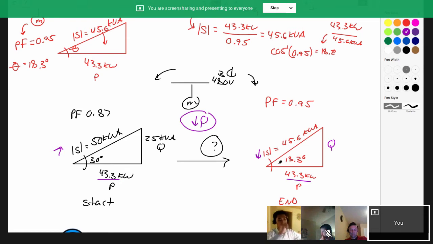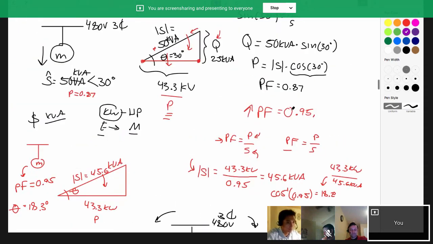You see the only difference between these two triangles is one has a smaller angle, which results in a smaller apparent power magnitude, which is going to result in a decreased Q. Because remember, since we're improving that power factor, it is getting closer to 1. We started at 0.87, now it's increasing to 0.95.